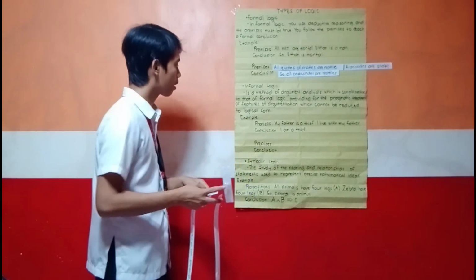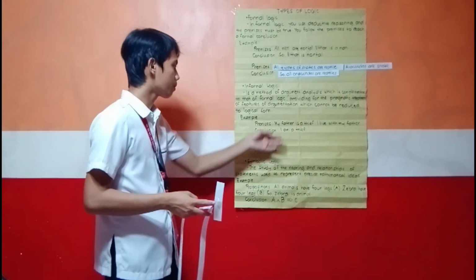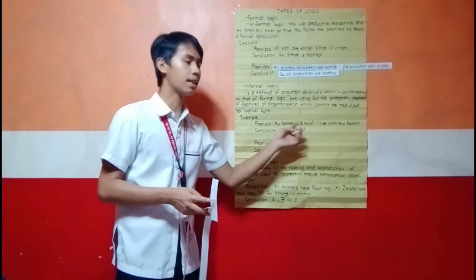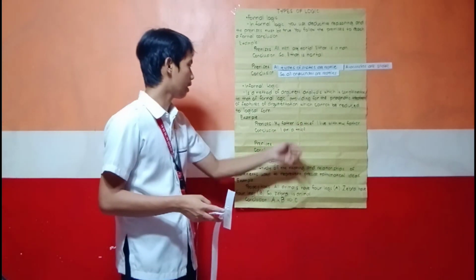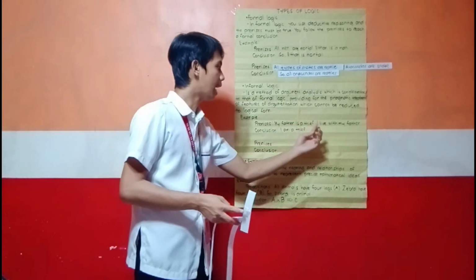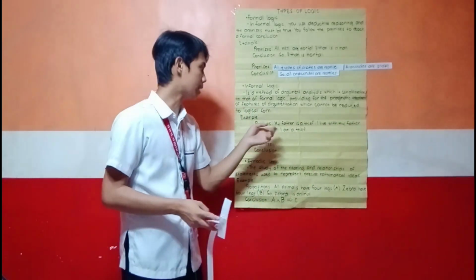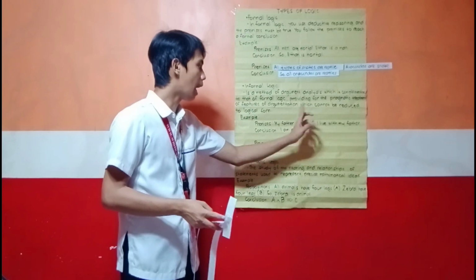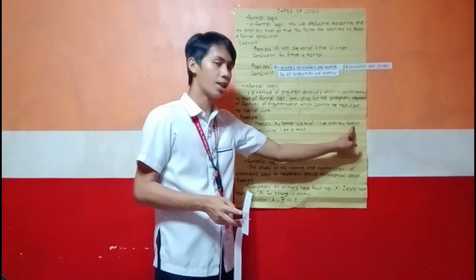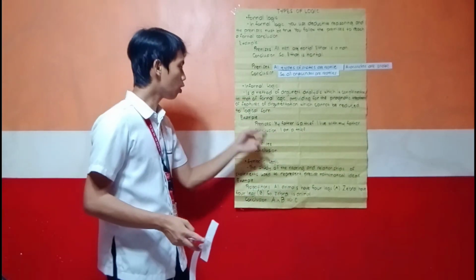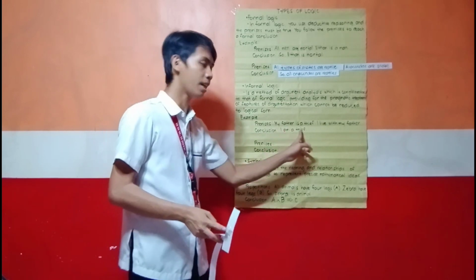So, an example: my father is a thief. Then, I live with my father. So, these are the premises. My father is a thief. I live with my father. The conclusion is, I am a thief.